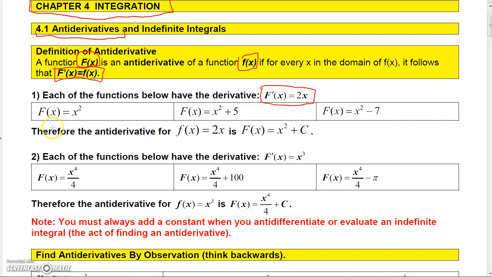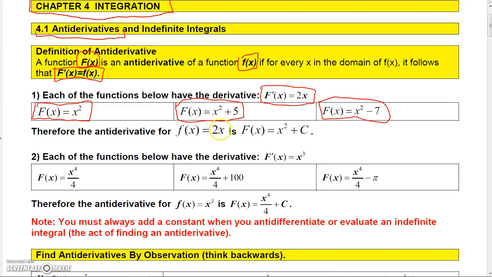Well, I started you out on an easy one. You should easily be able to tell that if you take the derivative of x squared, you're going to get 2x. But here's the kicker. If you take the derivative of x squared plus 5, you're going to get 2x. If you take the derivative of x squared minus 7, you're going to get 2x.